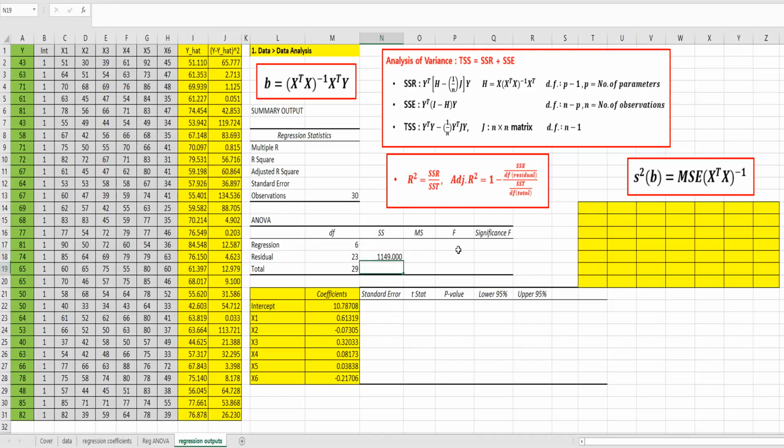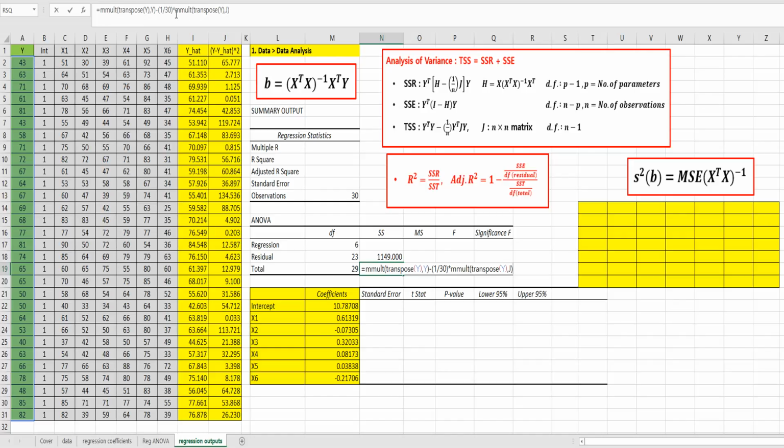So MMULT, transpose y, comma y, minus 1 over 30 times MMULT, transpose y, comma J here.